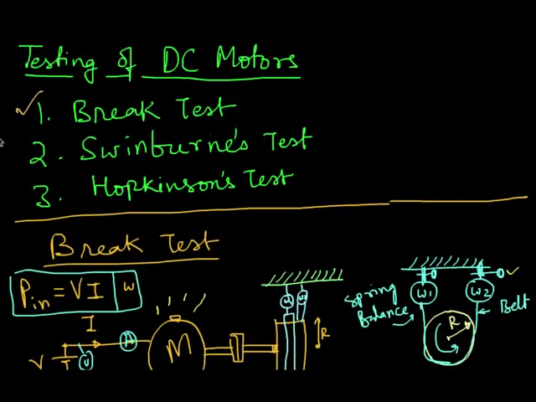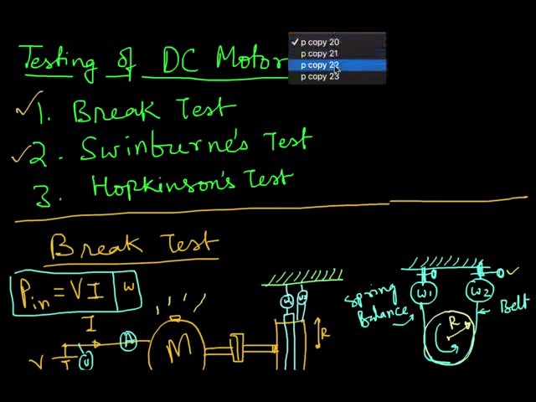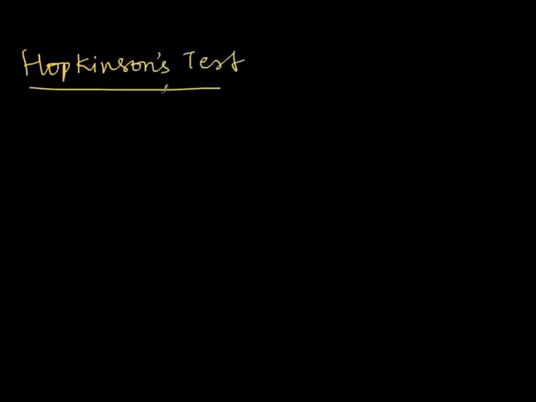Having discussed Swinburne's test, now let's come to the third one, that is Hopkinson's test. This Hopkinson test is another test on the DC machine, and this is done on two identical machines. Hopkinson's test is what is called a regenerative test. The meaning of this regenerative test is that whatever power is taken is again generated back or given back to the supply.